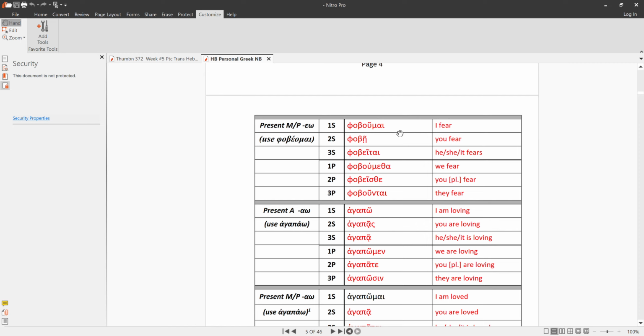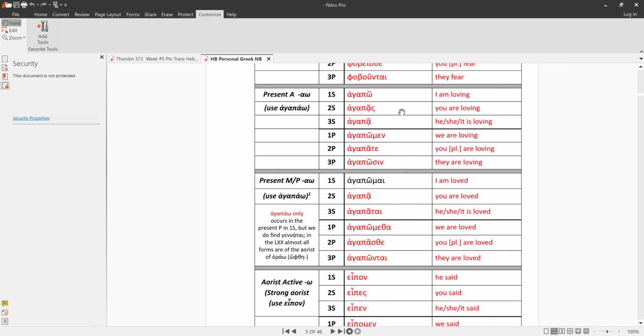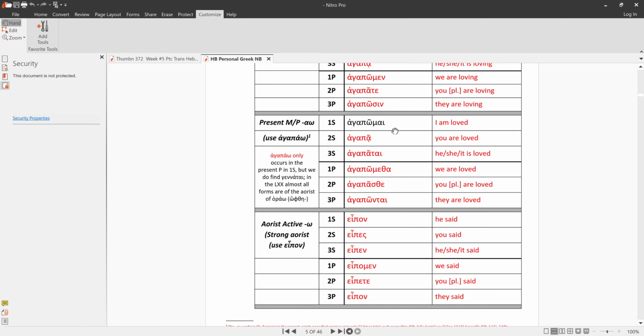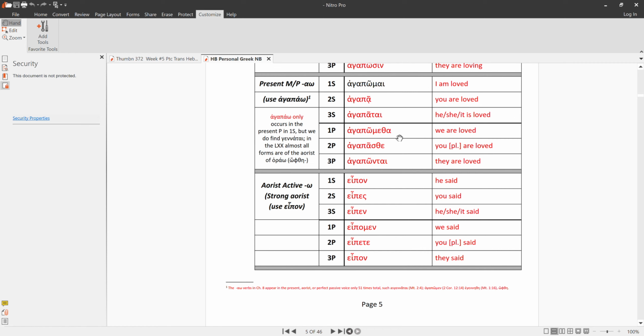Then we had those endings with contract verbs like phobeomai, becomes phoboumai, I fear. In chapter 8, we were introduced to alpha omega verbs, and the middle and passive forms of those we also learned.